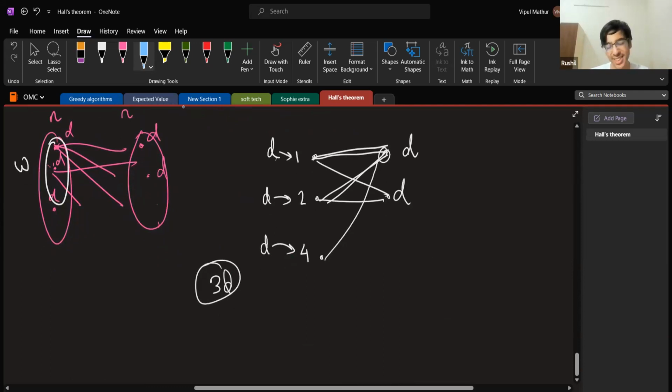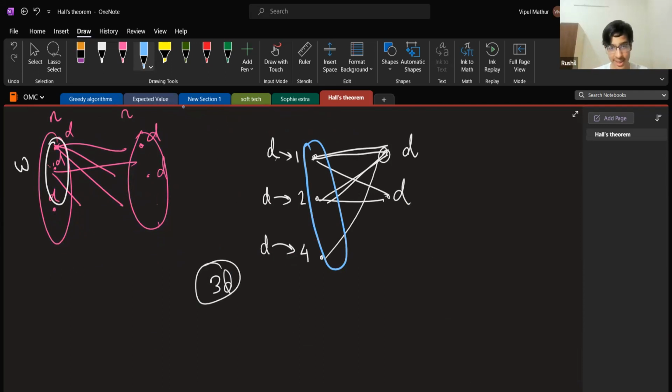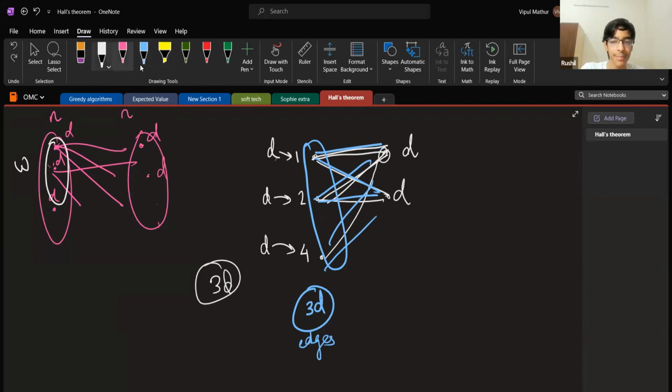The point is, we know that stuff is overlapping, I agree, but if you consider these three things, there are 3D edges coming out, right? There should be D from this one, D from this one, D from this one. They might go to the same people, I don't know, but there are 3D edges coming out for sure. And on the other hand, these two people, let's look at them, right?